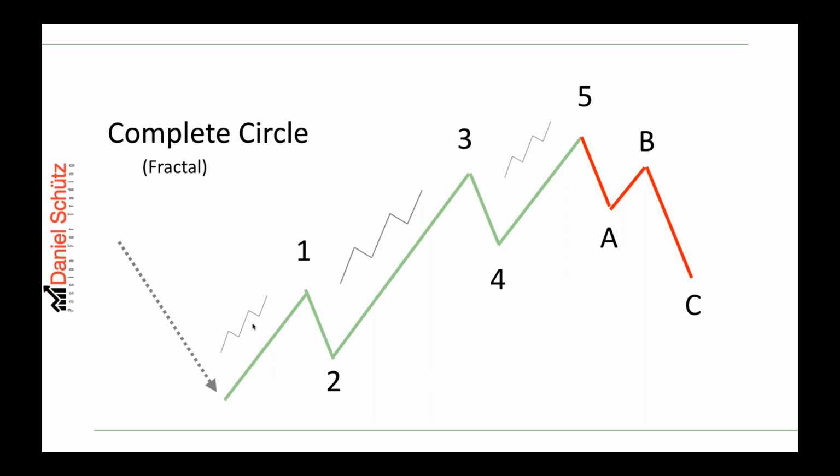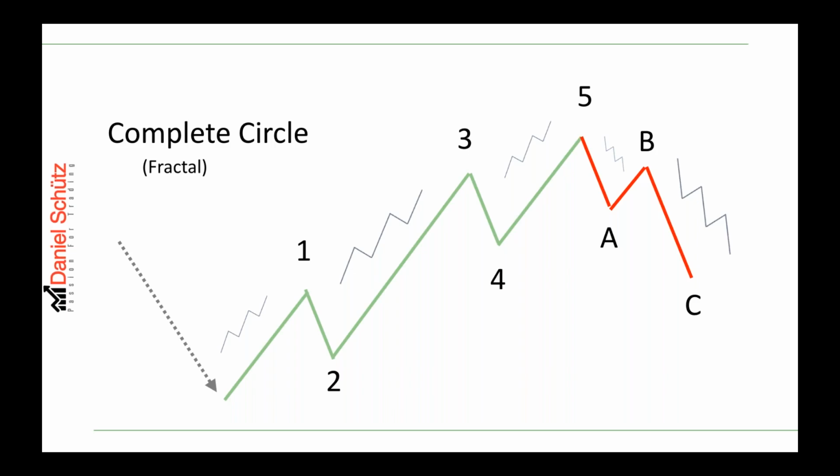It has also 5 minor waves. And also the wave 5 is an impulse wave. And to make it absolutely confusing, the wave A and the wave C are also impulse waves.